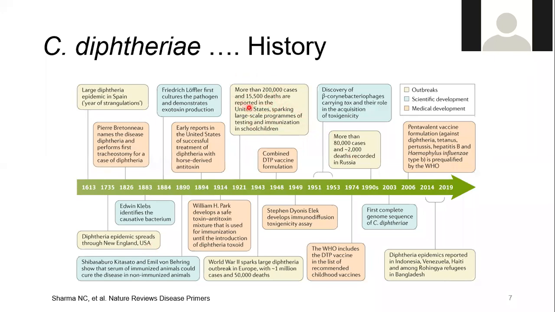This led, of course, to a lot of immunization. In the 1990s, there were outbreaks in Russia, and more recently in Indonesia, Venezuela, Haiti, and Bangladesh.